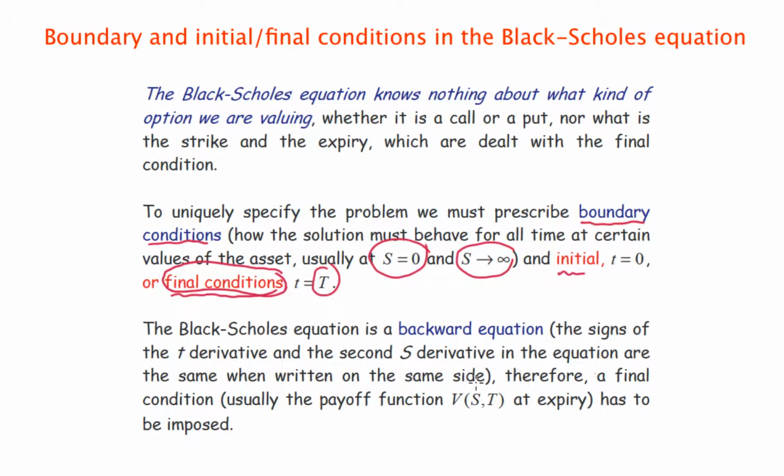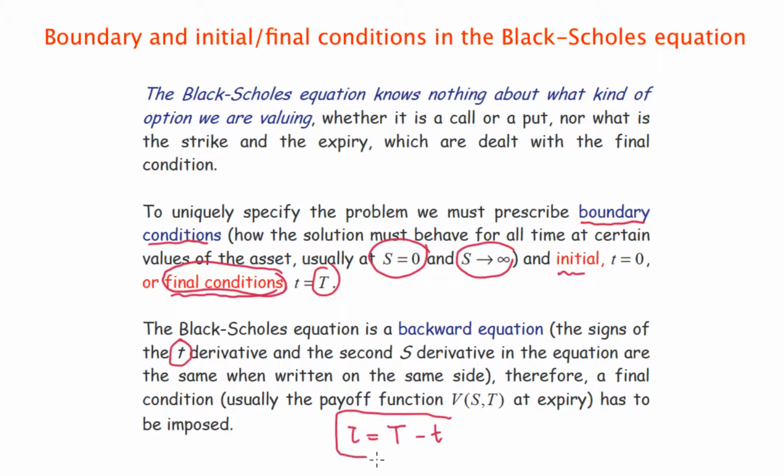Therefore, a final condition, usually the payoff at the maturity, has to be imposed. But we'll talk on that later. Usually when dealing with a partial differential equation like the diffusion equation, you consider the initial condition. Here we will have the final condition. So you have to change from this t to another time variable that we are going to call tau, and tau is going to be capital T, which is the maturity time, minus t.